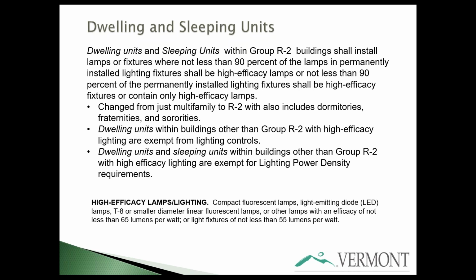This is a change from the 2015 CBES. Not only is that a higher percentage, it used to be 75%, now it's 90%. But instead of just applying to multifamily dwelling and sleeping units, now it's all R2 buildings, which includes multifamily as well as dormitories and fraternities and sororities.